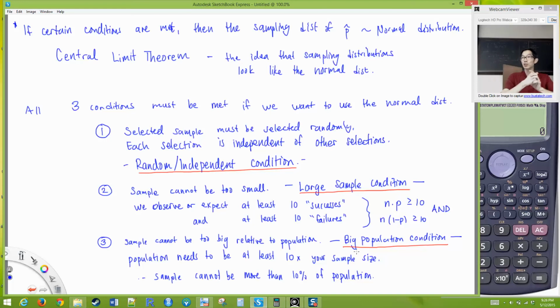I also shouldn't go to the allergy doctor, because then I'm going to get people who probably don't own cats as often. Getting a truly random sample is a difficult thing to do.